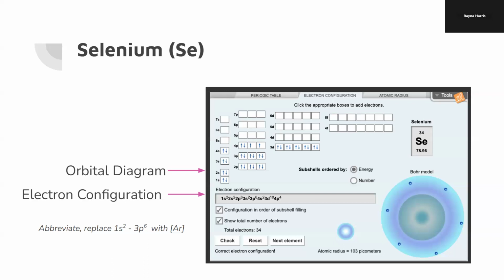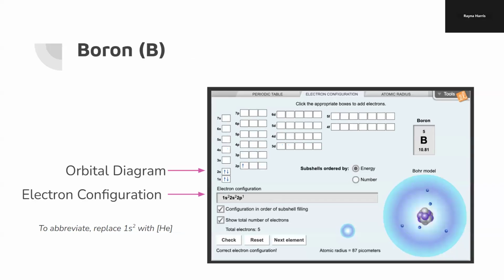Yeah, so let me go back to the easier one. So the abbreviated orbital diagram for boron.